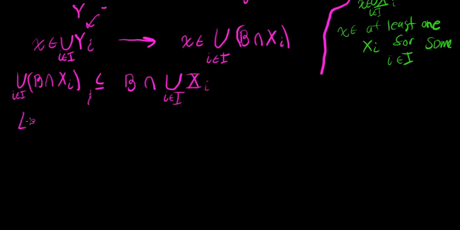So we're going to do the same thing. Let x be in the union for i in I of all B intersect x sub i.